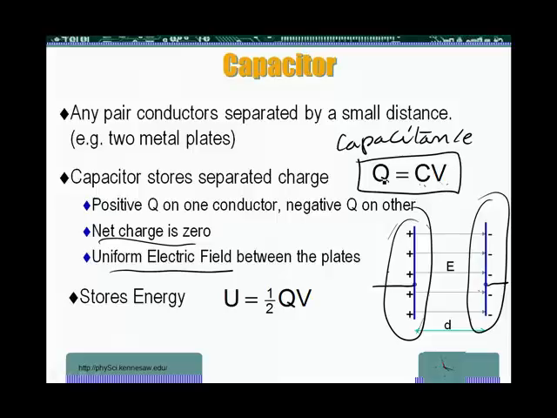In one plate it's going to be positive, in the other plate it's going to be negative. The amount of energy stored in a capacitor is given by 1/2 of Q times V: 1/2 of the charge in the capacitor plate times the voltage across the plates.